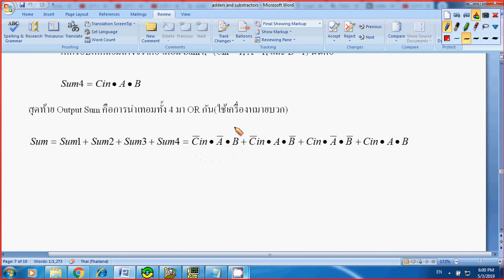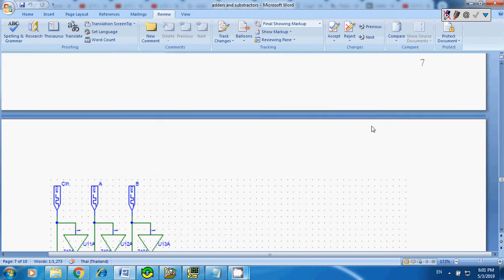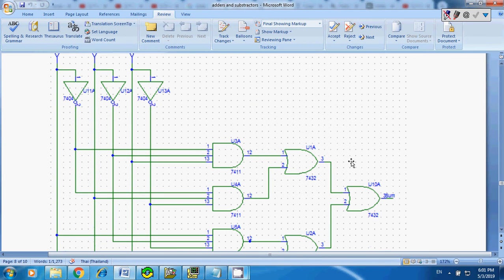So in 3 steps you can make a mistake. 1 is from the truth table, 2 is the output expression in terms of inputs, and the last one is the way you connect your circuit. But if you're careful, it should not be a big problem. Okay.